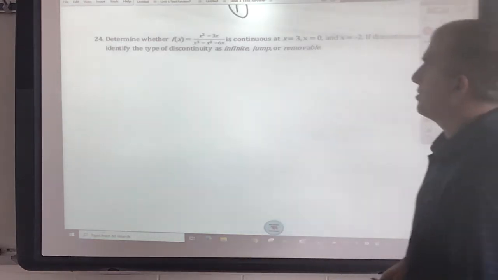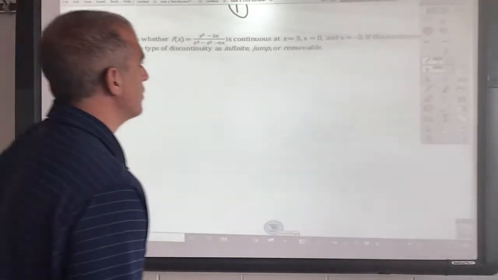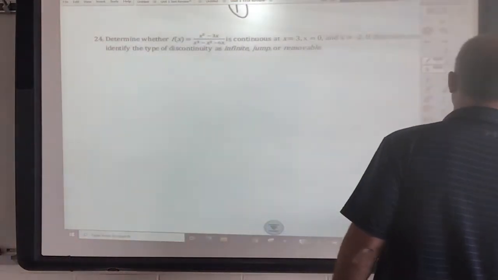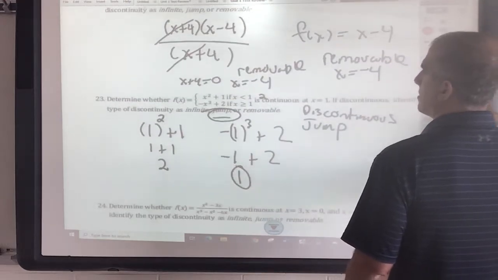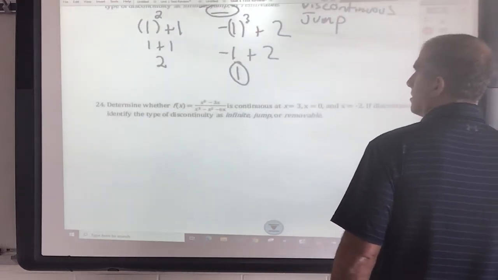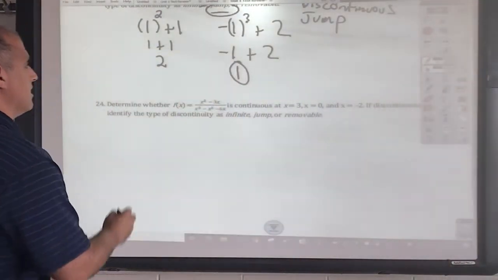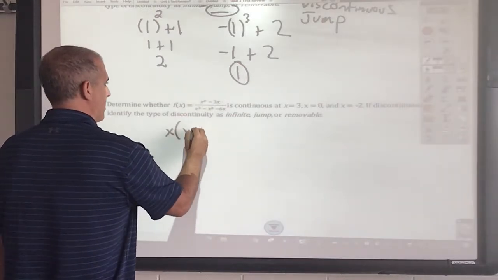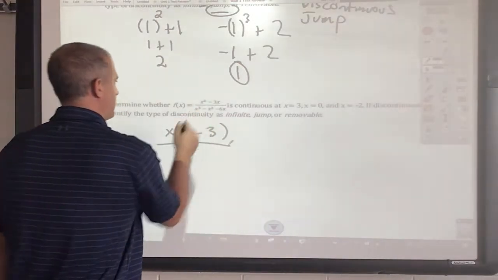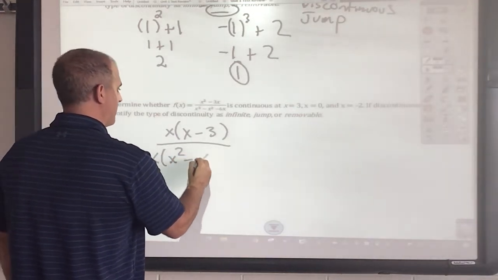All right, determine whether this is continuous at x equals 3, x equals 0, x equals -2. What I want to do is look at this: if I took out x minus 3, and if I took out an x there, then it would be x squared minus x minus 6.